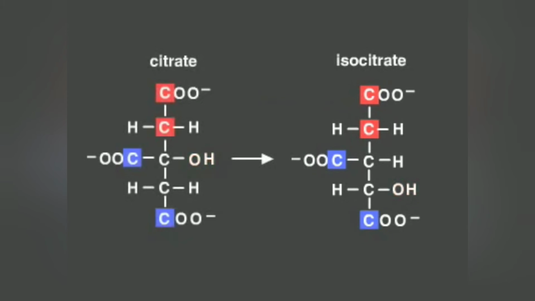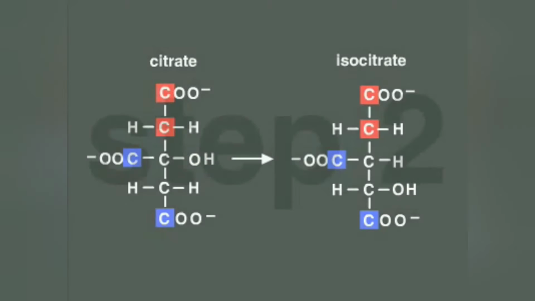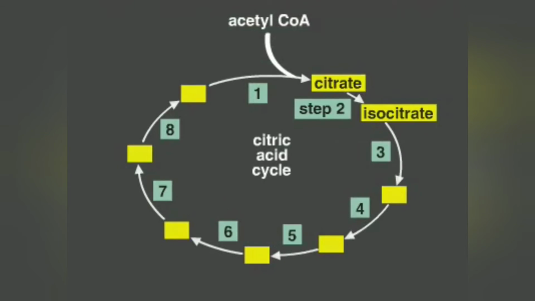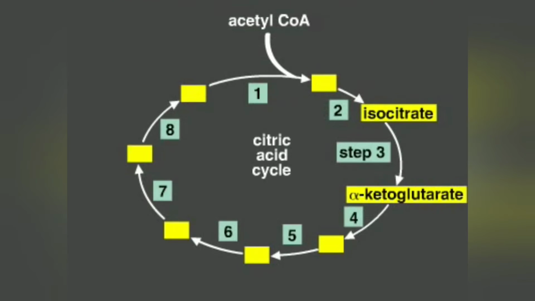Note that the hydroxyl group is in a different position in these two molecules. In the next step, energy is captured by an NADH molecule, and a molecule of carbon dioxide is released. In this reaction, isocitrate is converted to alpha-ketoglutarate.